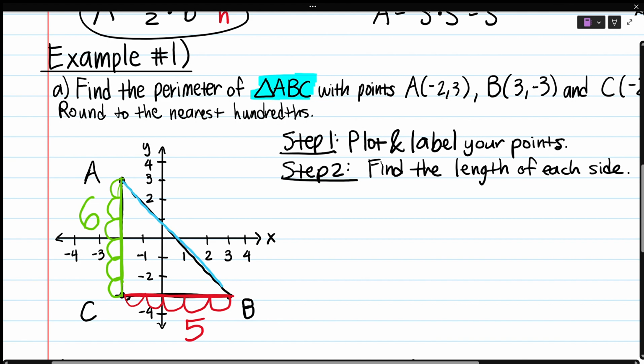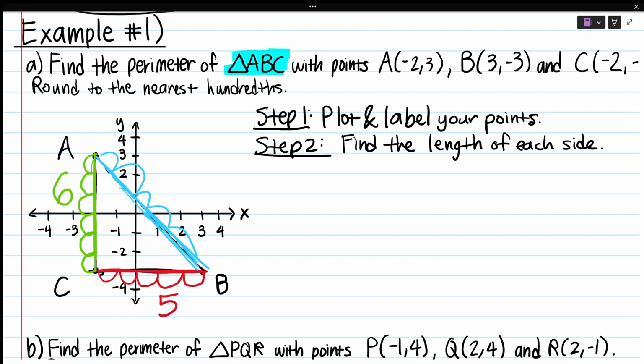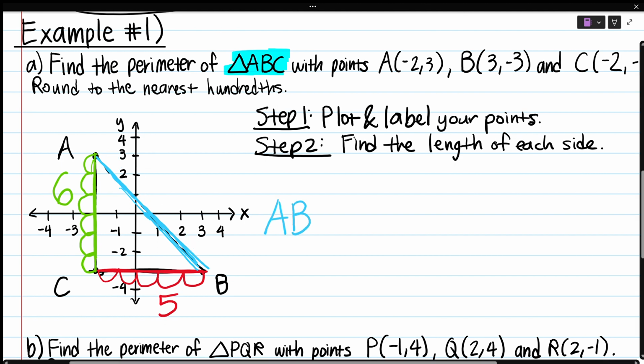But for this last side, the diagonal, we cannot just count the boxes. It's cutting through diagonally, so it's not even. You have to actually solve this one. We want to figure out the length of AB.